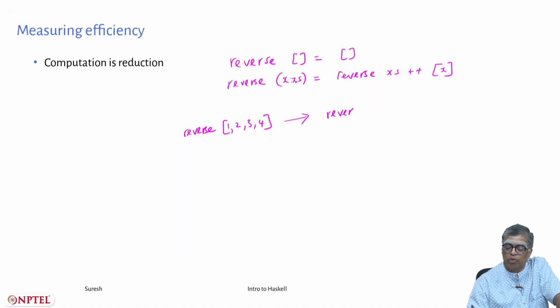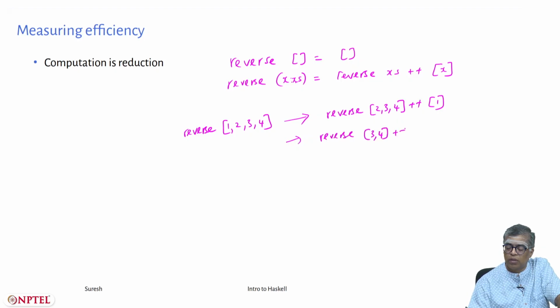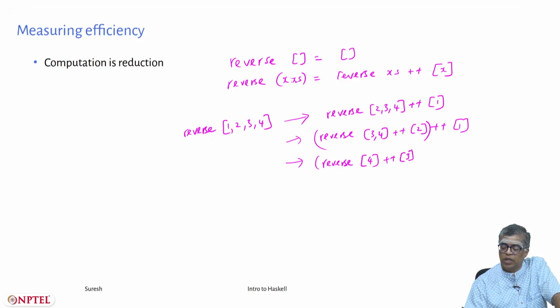It will first try to do reverse of 1, 2, 3, 4, which is reverse of 2, 3, 4 plus singleton 1, and this itself is reverse of 3, 4 plus singleton 2, and this itself is reverse of the tail, which is 4, plus singleton list 3, and then you have to do the plus 2, then you have to do the plus 1.